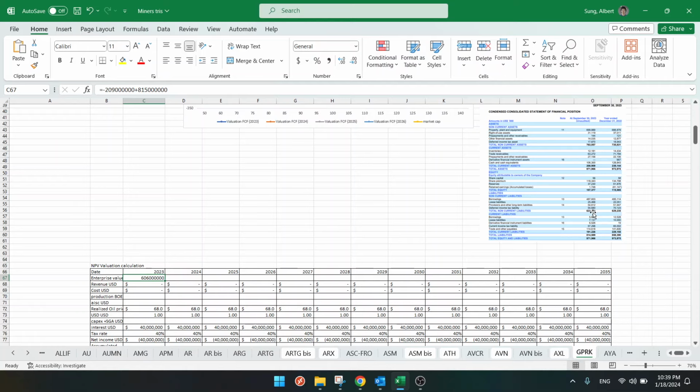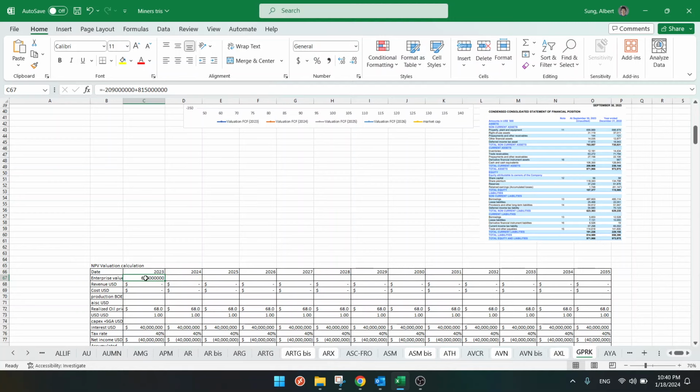Deferred income tax, long-term liabilities, another 100 million, 600 million, and more borrowings and tax liabilities and other payables, 800 million.